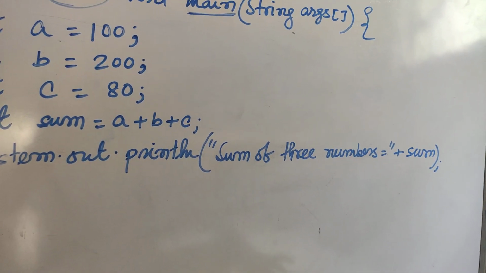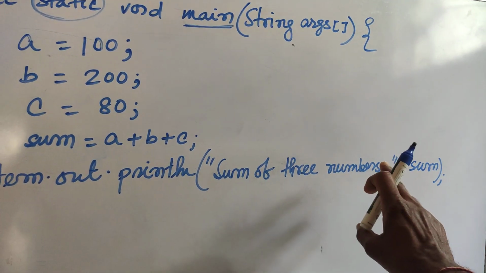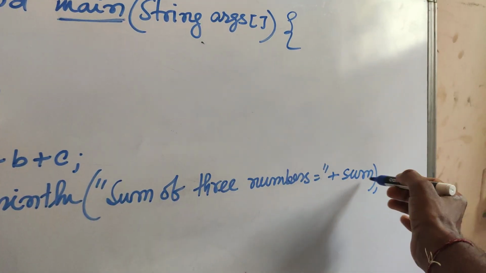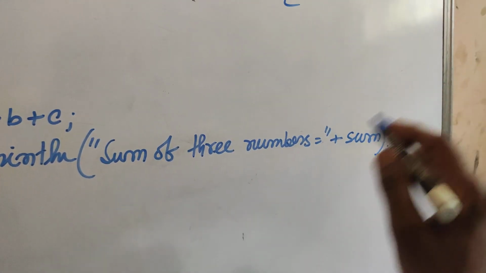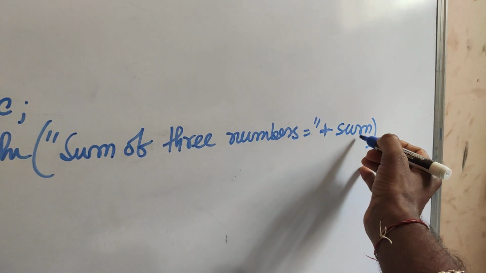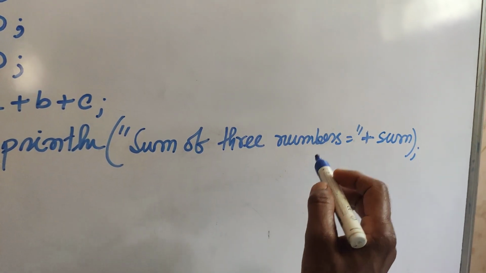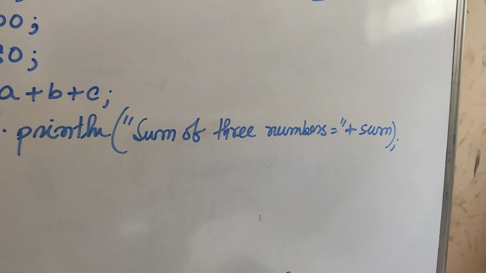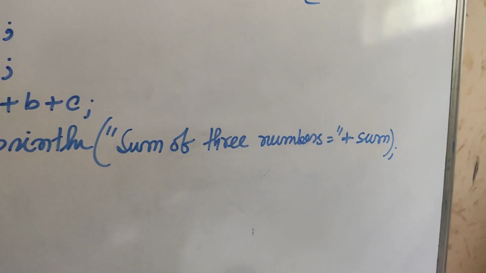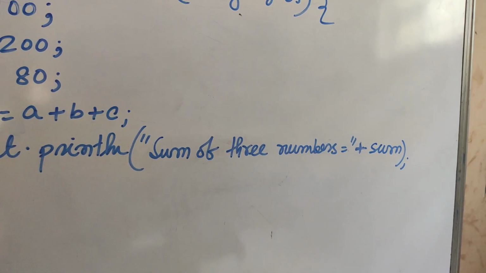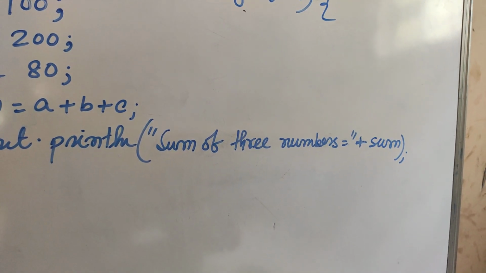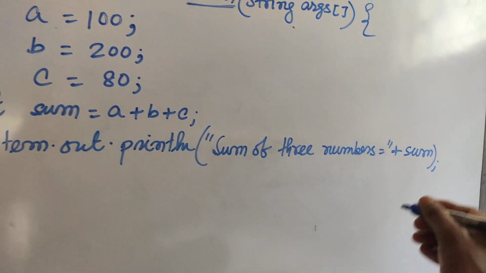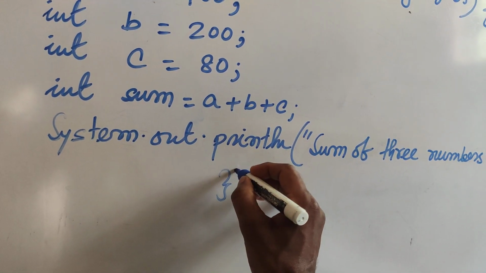String constants you have to write within double quotations. Variables, when you write them, are never within quotations. So this is a variable and this is the string constant. When you write string constants and variables in the same line, with one piece of information, you have to give the plus sign. The plus sign works here as concatenation, joining the constant and the variable.